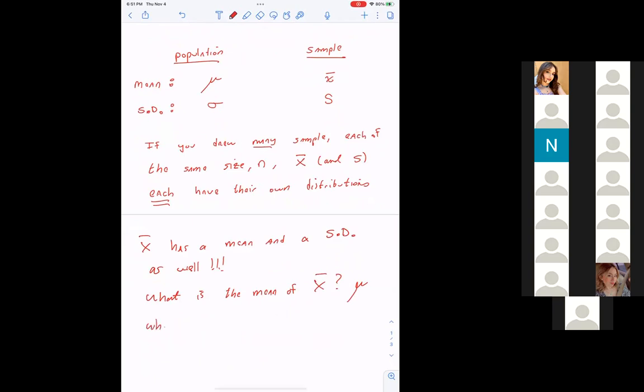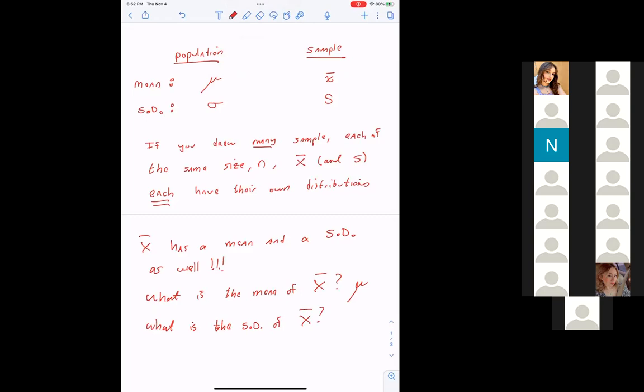But a better question is, what is the standard deviation of X bar? And here we want to use the law of large numbers. The law of large numbers says, as the sample size increases, we hone in on the true value, correct? Right, that's what the law of large numbers says? Yes.